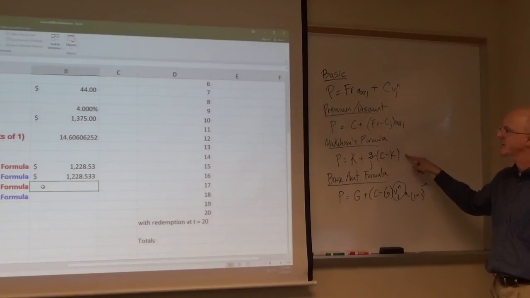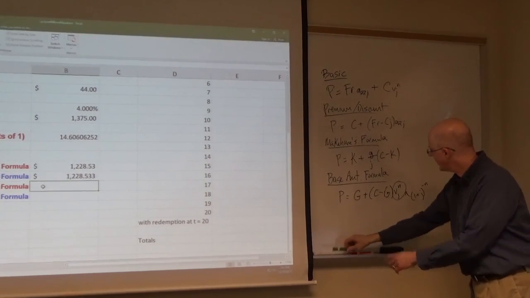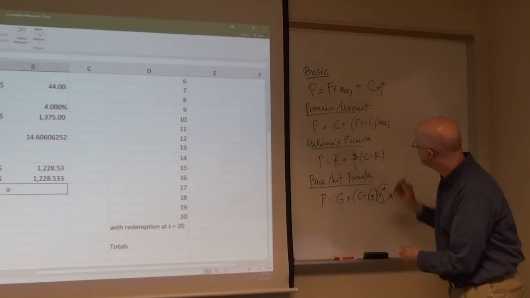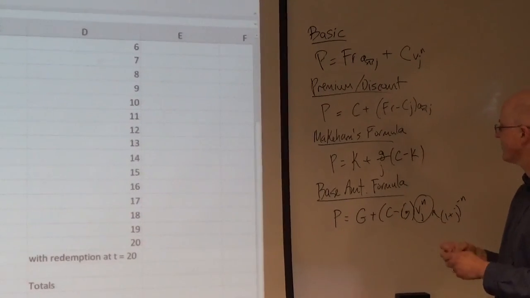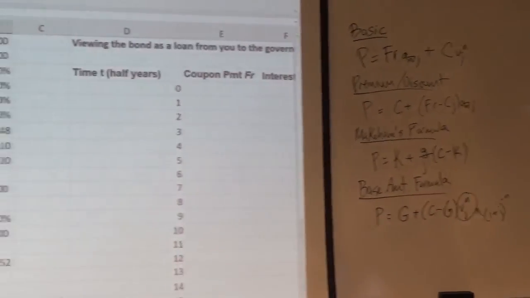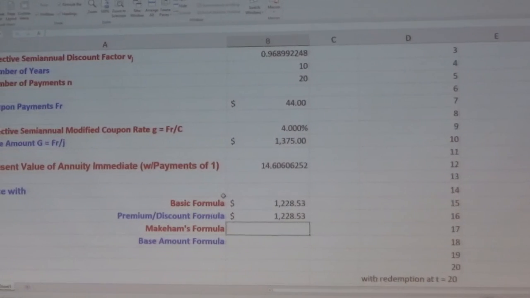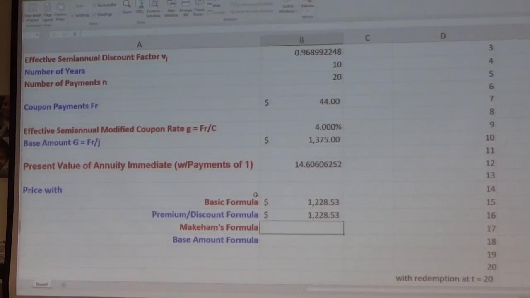Here it is again on the board. K plus G over J, this is a J here. G over J times, in parentheses, C minus K. Do I have a spot where I actually calculated K? I guess I did not put a spot for K here anywhere. I probably should have.